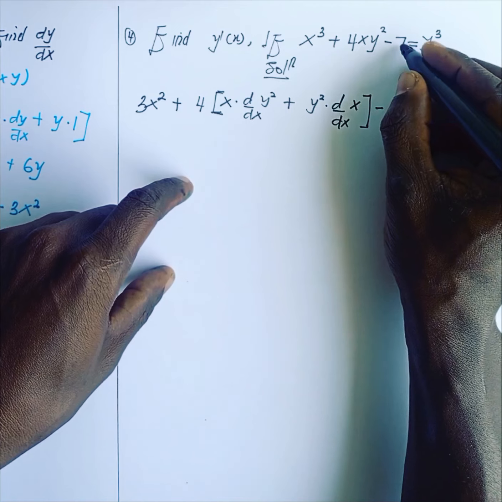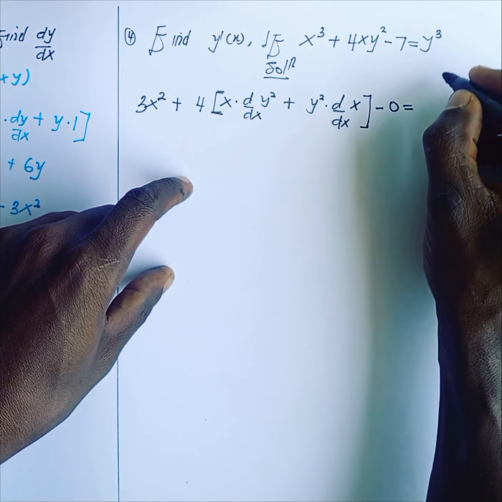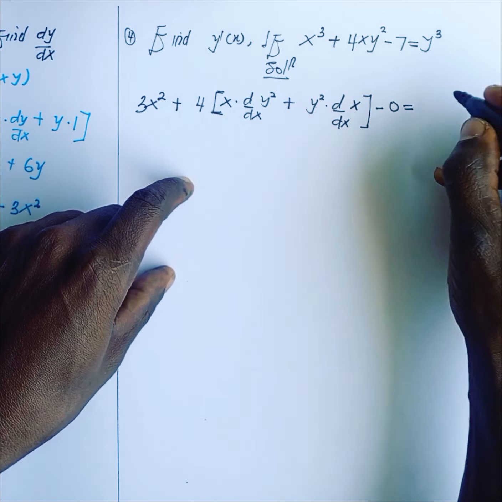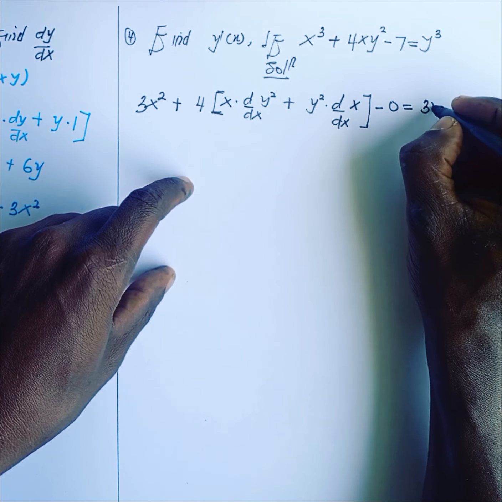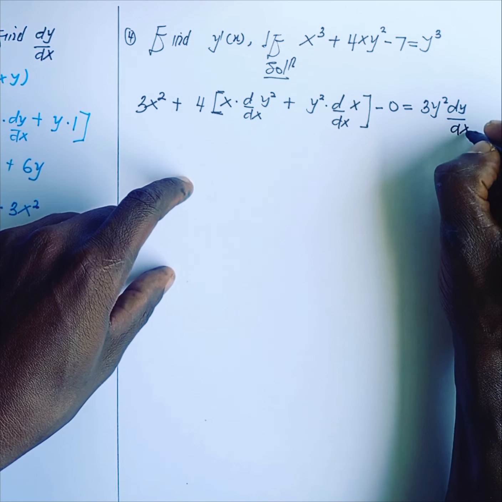And when we differentiate a constant, we get 0. When we differentiate 3y cubed, we get 3y squared, and we add our dy/dx.